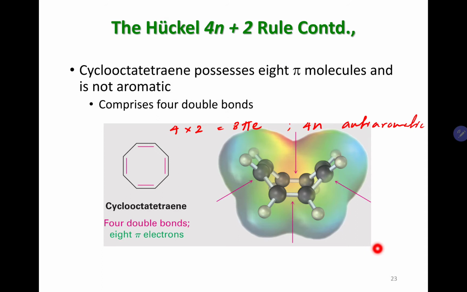Because of all these reasons, this particular compound will not be an aromatic compound. It is not a planar molecule. It does not have 4n plus 2 pi electrons. Instead, it has 4n electrons. Of course, it is conjugated, but that doesn't really matter. Even though it is conjugated, it will not be an aromatic compound.